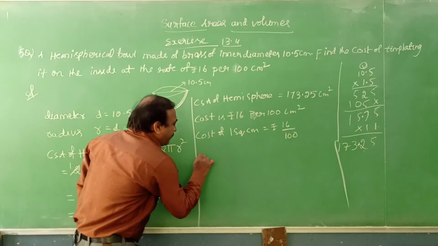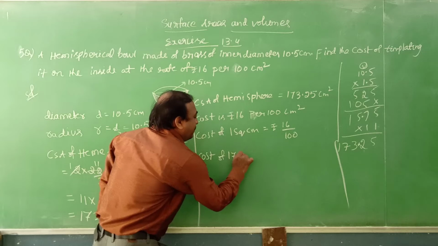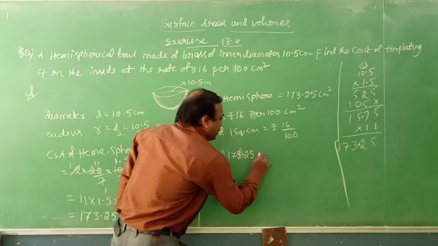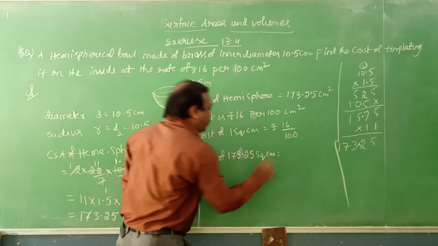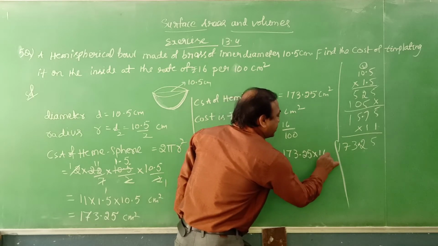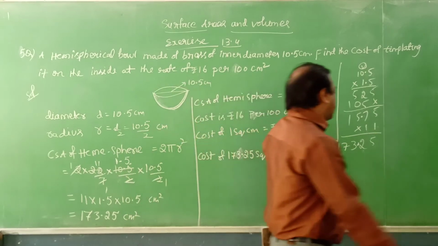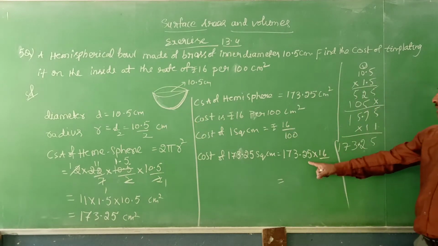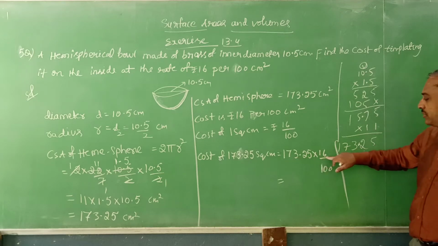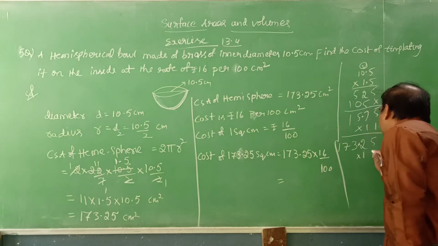Now the cost of 173.25 square centimeter is equal to 173.25 into 16 by 100. Observe it: 173.25 into 16. Clear? So we are multiplying 173.25 into 16.